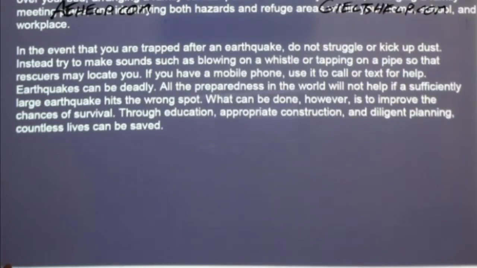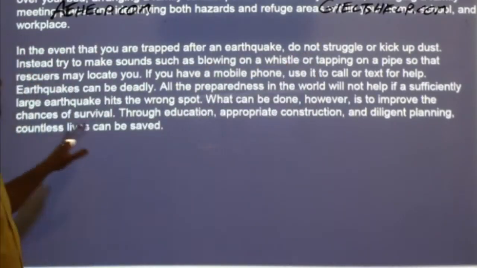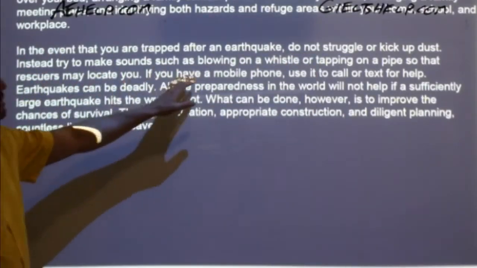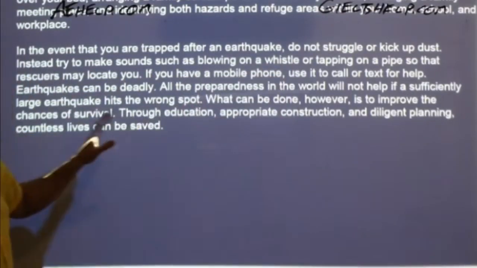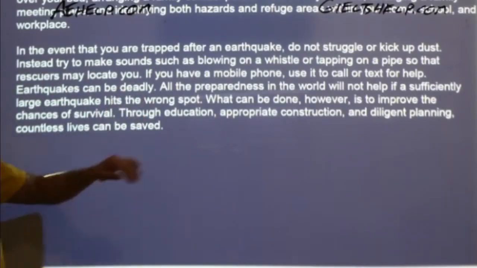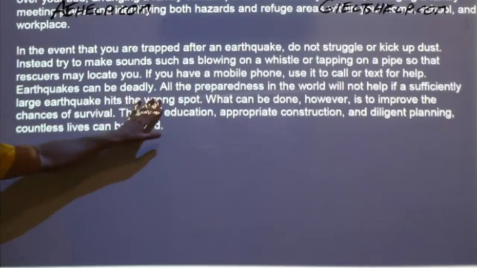Again, read with me. In the event that you are trapped after an earthquake, do not struggle or kick up dust. Instead, try to make sounds such as blowing on a whistle or tapping on a pipe so that rescuers may locate you. If you have a mobile phone, use it to call or text for help. Earthquakes can be deadly.